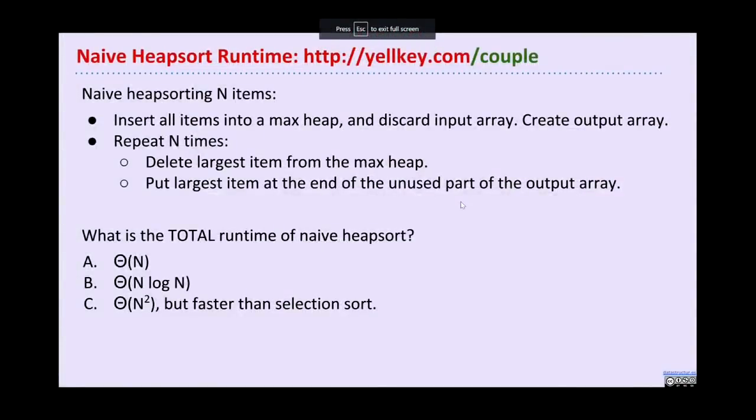Question for you then is, what is the runtime of this algorithm? You toss everything in a heap, delete the items one by one, and I want you to give me the total runtime.